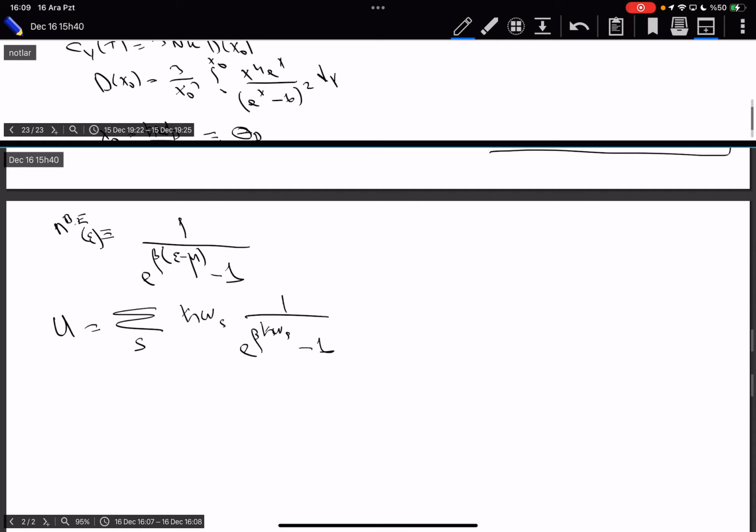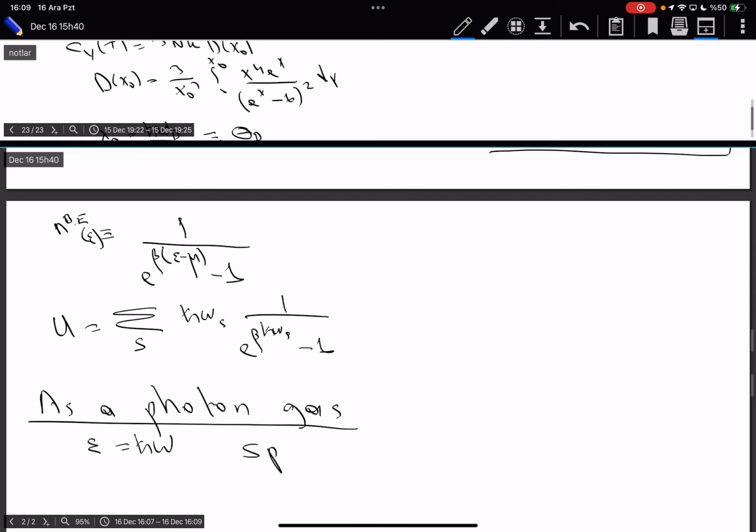Now let's treat it as a photon gas. Photons are nothing but the quanta of the electromagnetic field. They have energy h bar omega. They are massless, and they have spin 1, but only 2 spin states.